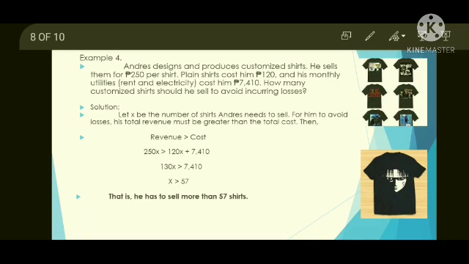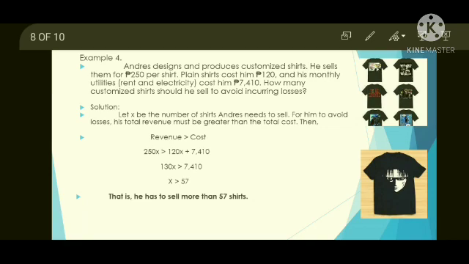To solve for the value of x, since x is what we are looking for in our problem, that is the number of shirts Andres needs to sell to avoid losses, we combine like terms, so we transpose 120x to the left side of our equation. Since that 120x is positive, when we move it to the other side, it becomes negative 120x.